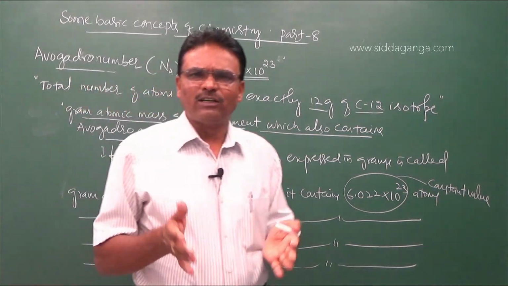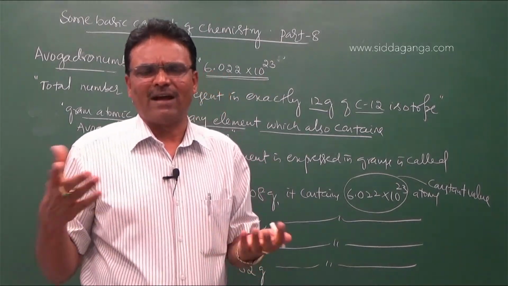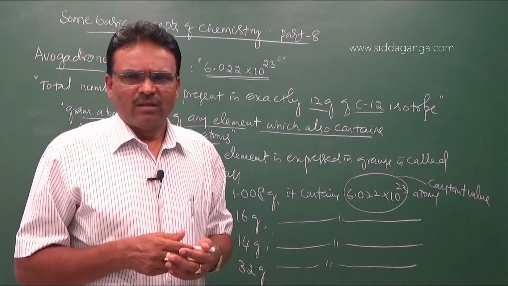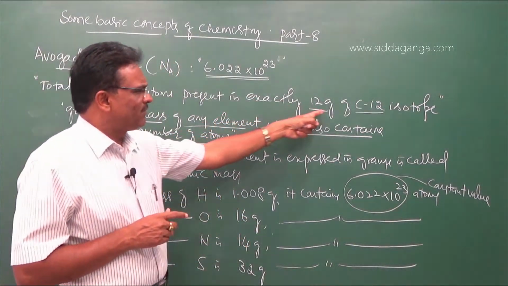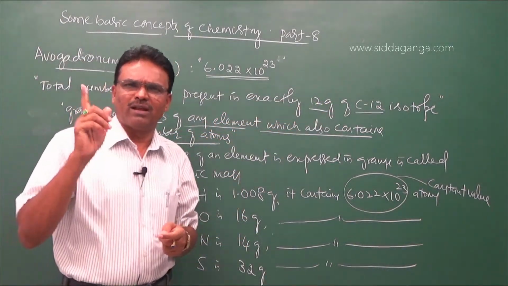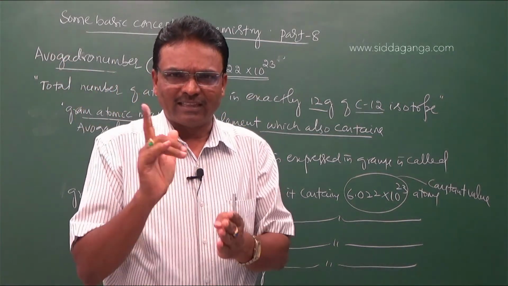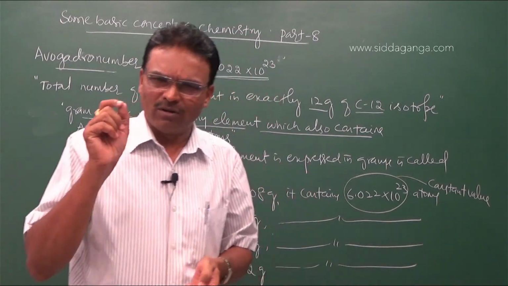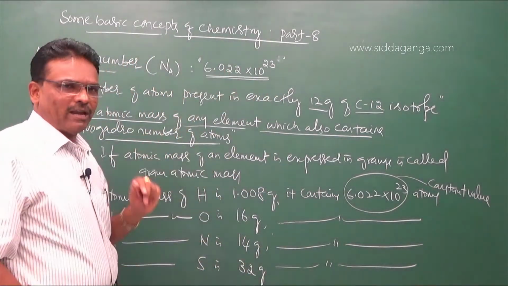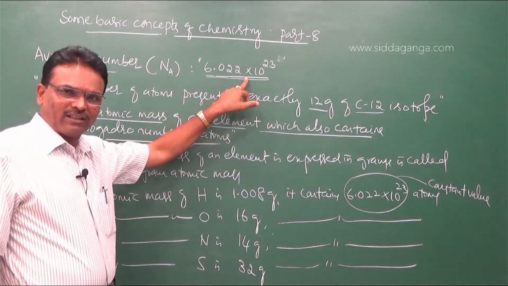Avogadro number is the total number of atoms which are present in exactly 12 gram of carbon 12 isotope. Whatever number of atoms are in 12 gram of carbon 12 isotope, we call that the Avogadro number. Clear? So Avogadro number is a constant value, 6.022 into 10 power 23.